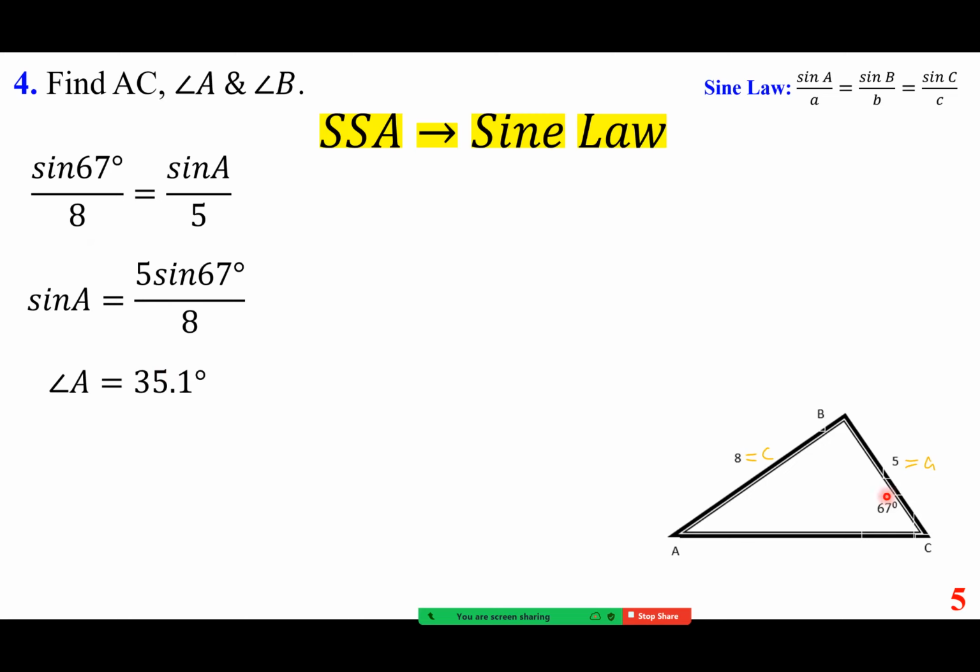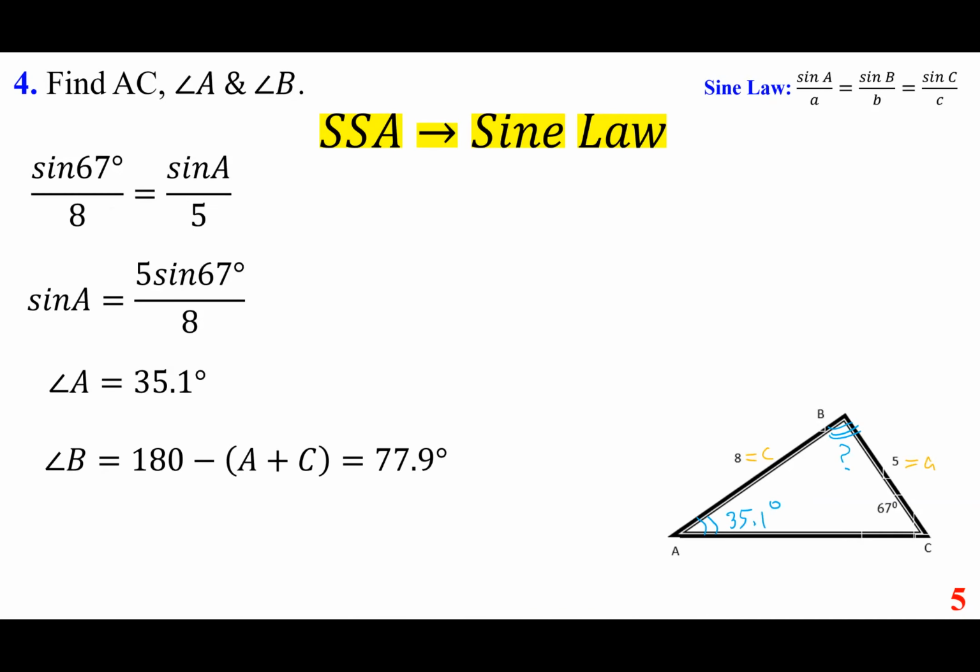Since this is 67 degrees, we can add it to 35.1 and subtract it from 180 to find the missing B. So this is A. Subtract the sum from 180, and it gives you 77.9 degrees. This is the last angle.